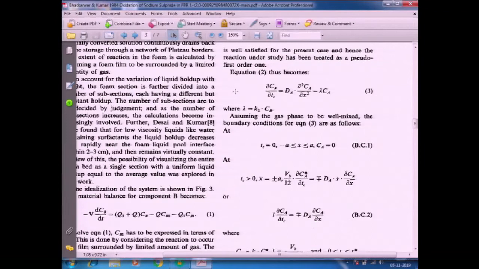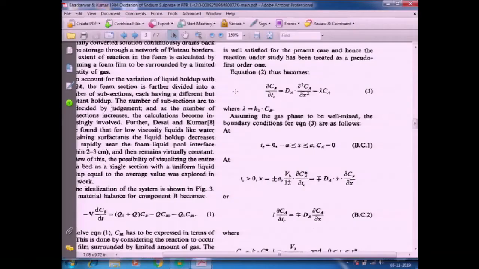And because the film is symmetric, what happens at the right hand face is identical to what happens at the left hand face. That boundary condition is derived from the physical understanding that in contact with the face of a pentagonal film, we have a gas pocket with volume equal to Vb by 12, where Vb is the volume of the bubble.